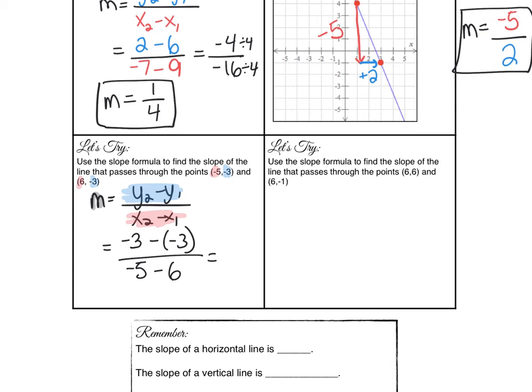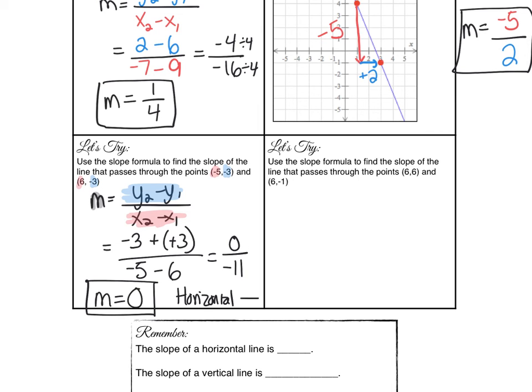And if I use my arithmetic to solve, double negative becomes a positive. -3 plus 3 is 0 over -5 minus 6 is -11. The bottom number doesn't even matter here because 0 divided by anything is 0. So this is an example of a slope equaling 0, which, if you recall from the previous page of notes, when the slope is 0, this is a horizontal line.